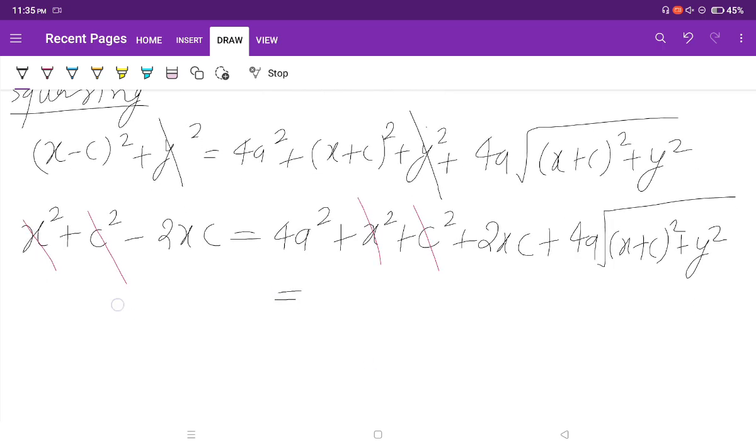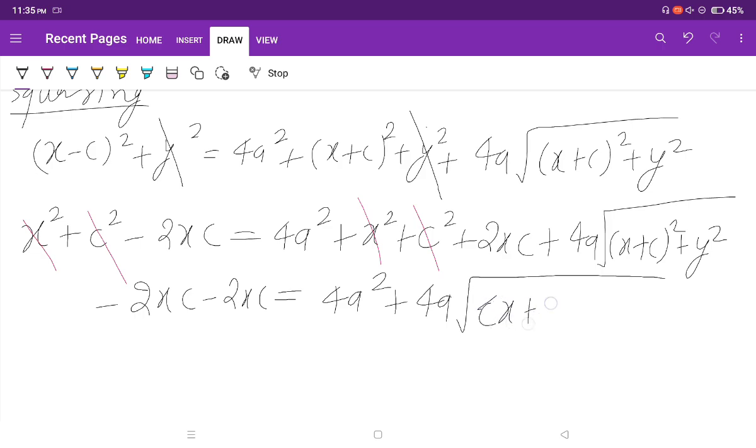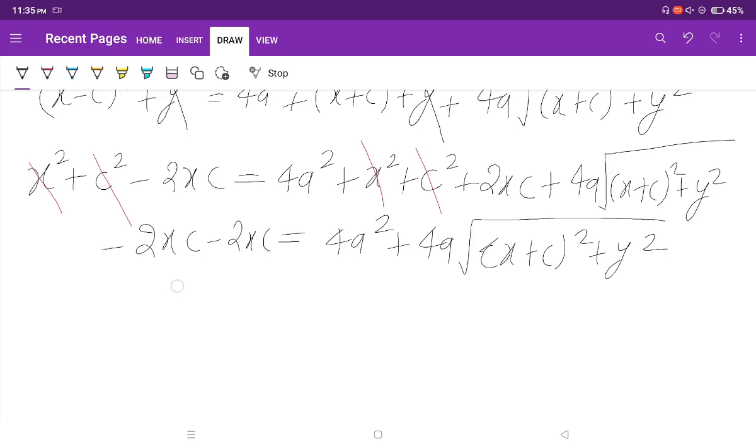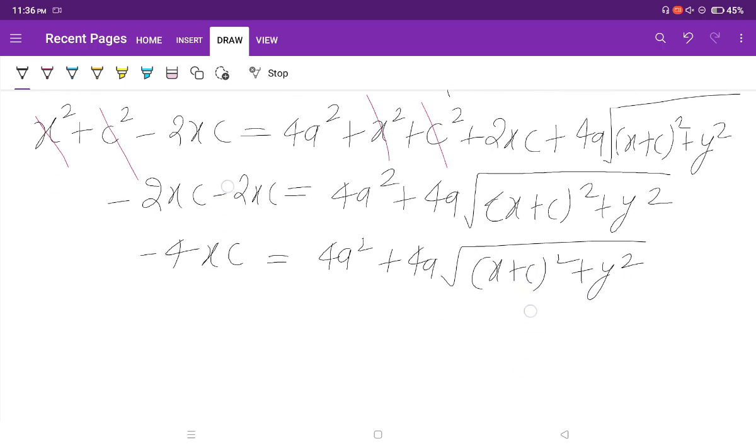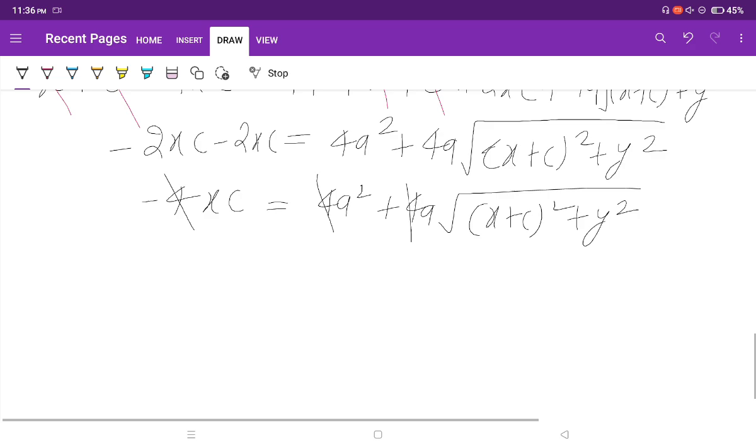We have minus 2xc minus 2xc, so we have minus 4xc equals 4a square plus 4a times root over (x + c) square plus y square. Cancel out 4 from both the sides.